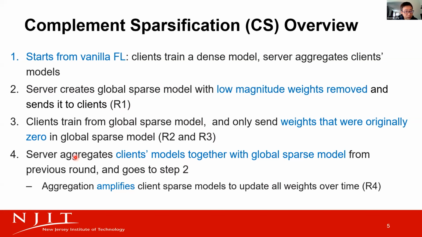In this server aggregation process, we also want to amplify the client sparse model a little bit to make sure they will not be pruned away in the next round, and we can produce a new set of weights to be pruned away by the server. In this way, all the weights of the model can be updated over time, and we can achieve a comparable performance as vanilla federated learning.